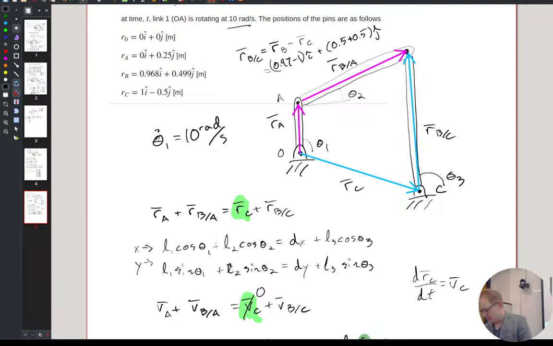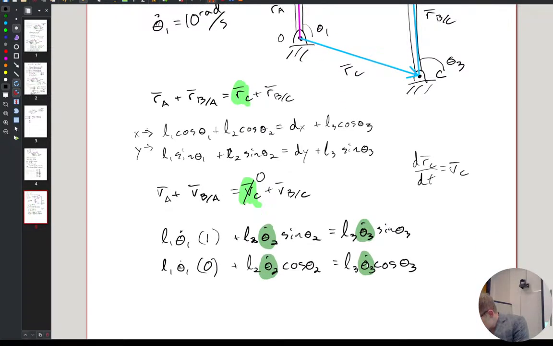So L1 over L1, we can say that that one is 1. And this one is pretty close to 0. You can plug in the real value if you want, but I do love plugging in 0 whenever I can. And then we have sine theta, cosine theta, but the theta 2 stuff. So this one's a little nicer, right? Zeros.